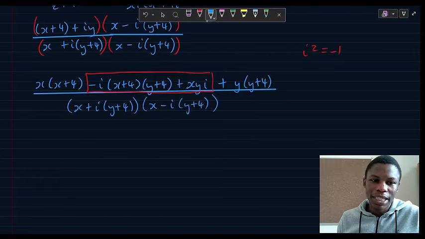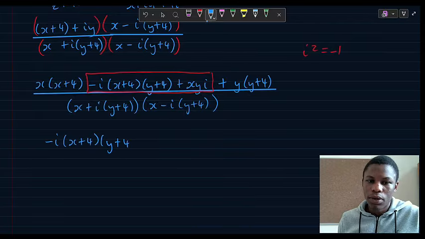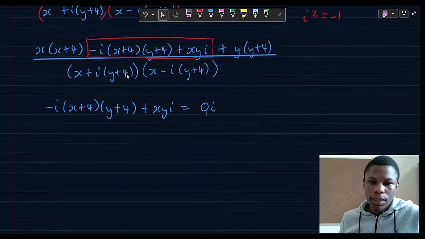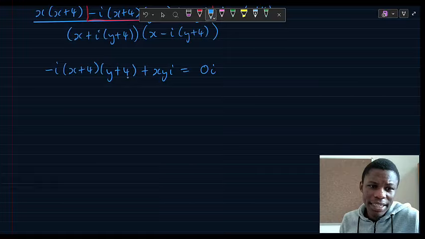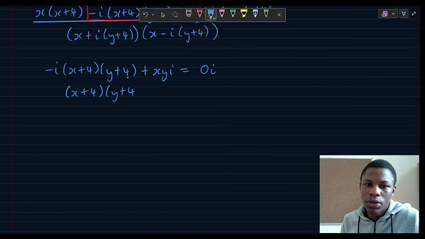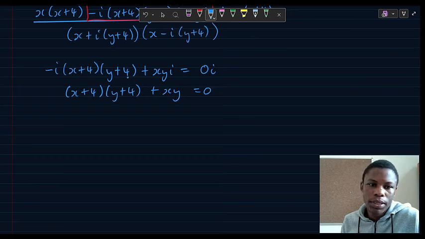So we're saying the imaginary part of this, which is the negative i times (x plus 4)(y plus 4) plus the xyi, has to be equal to 0i. And so if we just ignore the i's, I have that negative (x plus 4)(y plus 4) plus xy is all equal to 0. Let's expand this.